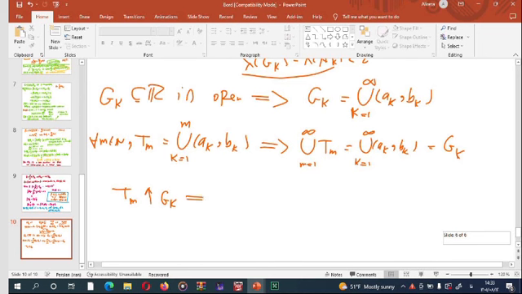This means that for each m, T_m is a subset of T_{m+1}, and the union of T_m equals G_k.